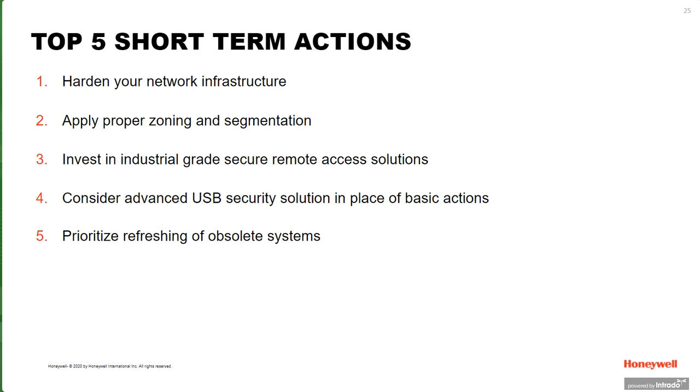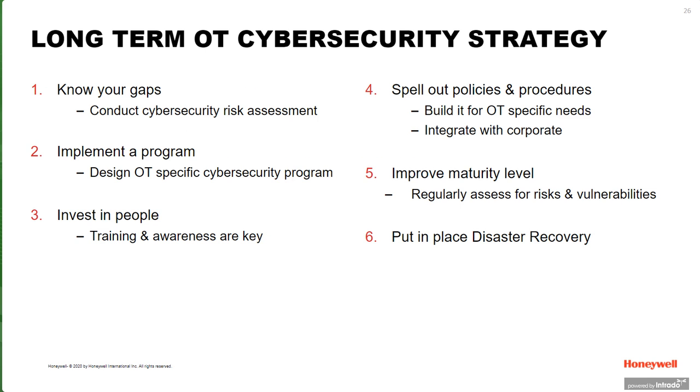USB is the number 2 threat vector out there, so put advanced USB threat protection in place. And then finally, prioritize refreshing of obsolete systems, because more often than not, there are no software patches. You can't update these systems, so you want to make sure that you are trying to upgrade and refresh these obsolete systems.